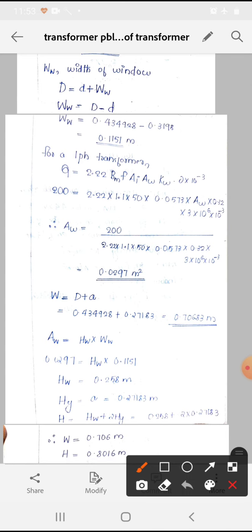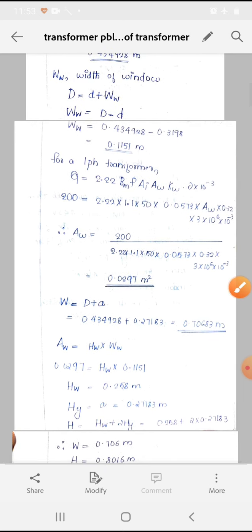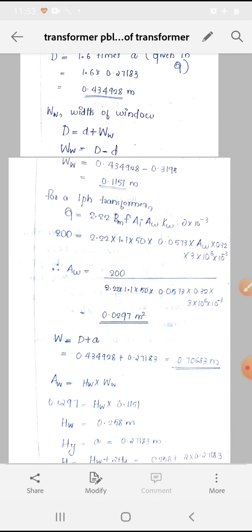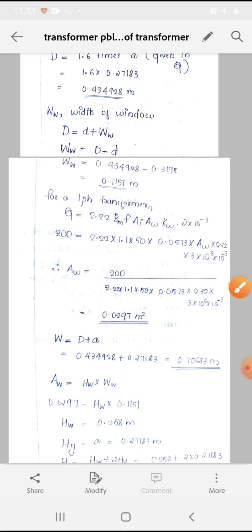So from this equation we will get the value of Aw. Okay. So next W is equal to capital D plus a. We know the value of capital D and we know the value of small a. So we got the width of the transformer.